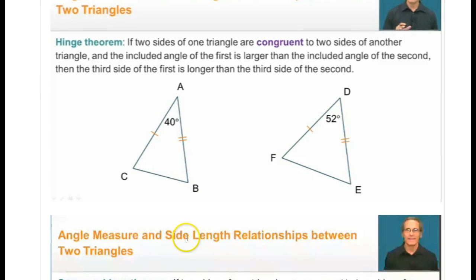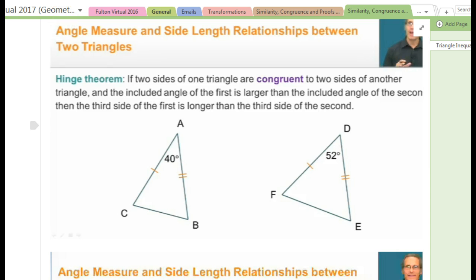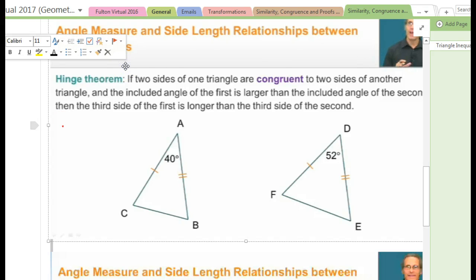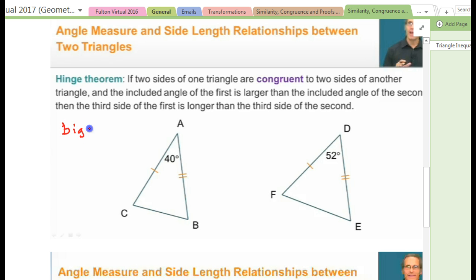The only thing that's different is that in the original hinge theorem, you're given the angles and then you're talking about the sides. In the original hinge theorem, a bigger angle means a bigger side.